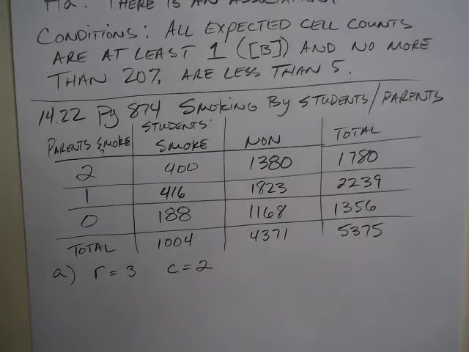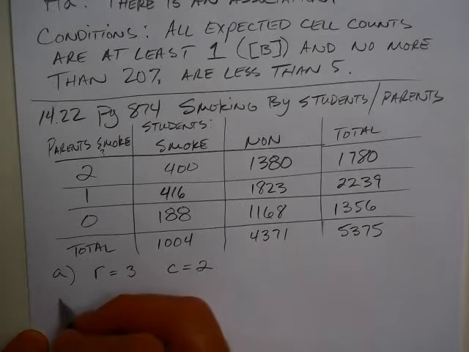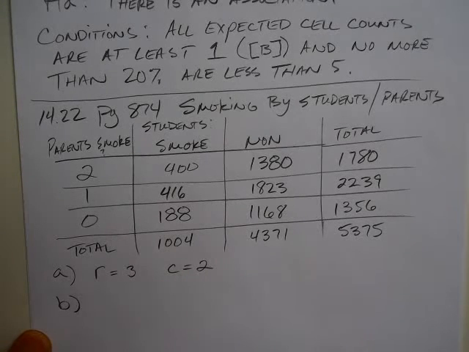We don't count the totals. Is the question categorical or quantitative? Do you smoke? Do you assign a number to that, or is that a yes or no? Yes or no, that's categorical, right? So we've got categorical data, 2 columns. I'm thinking test of association. Okay.